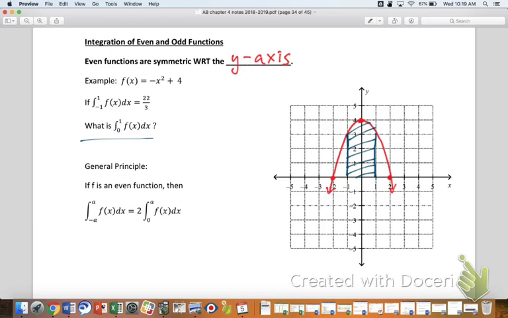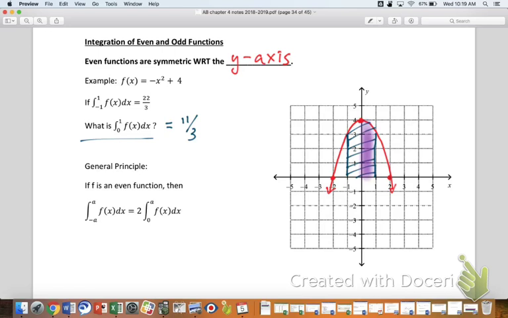Wouldn't you say 11/3? Shouldn't it be exactly half because of symmetry? And I would agree with you. This would be 11/3. Okay? So I think you can use symmetry to help you make a quick and good judgment on what an area or a definite integral would be simply by using the symmetry of the situation.